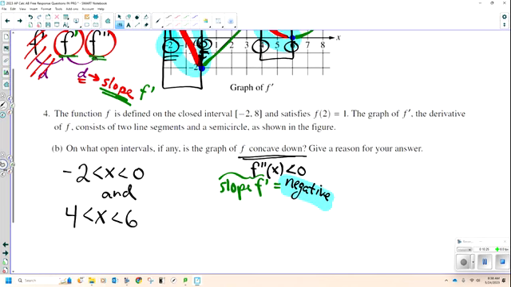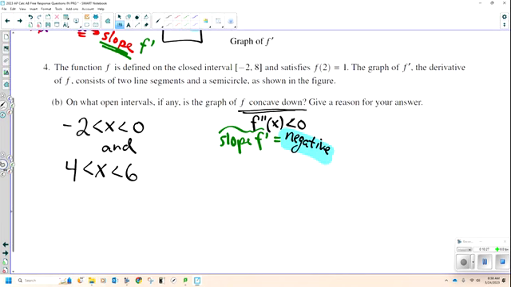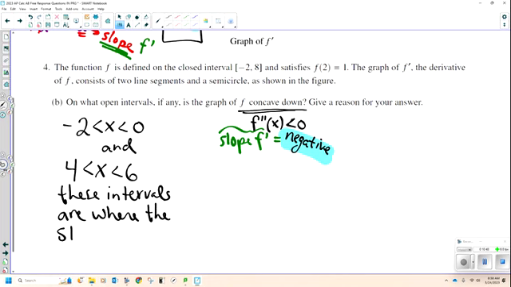And the reason: that's where the slope of the first derivative is negative in those intervals. It's literally what we thought of how to solve the problem. So let's write it down. These intervals are where the slope of f prime of x is less than 0, or negative.